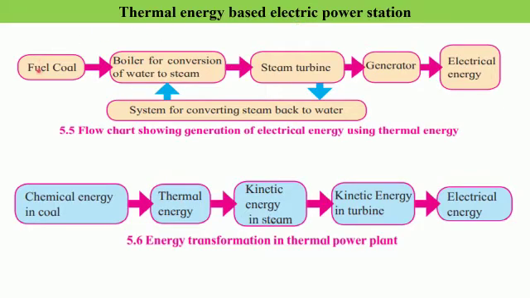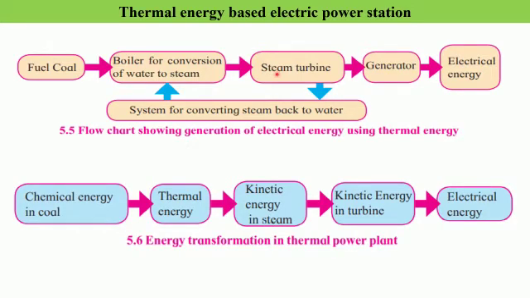So here we have fuel, that is coal, boiler for conversion of water to steam. So there are huge big boilers in which water is taken, and this water is heated using coal so as to convert the water into steam. This steam is then used to rotate the turbines.